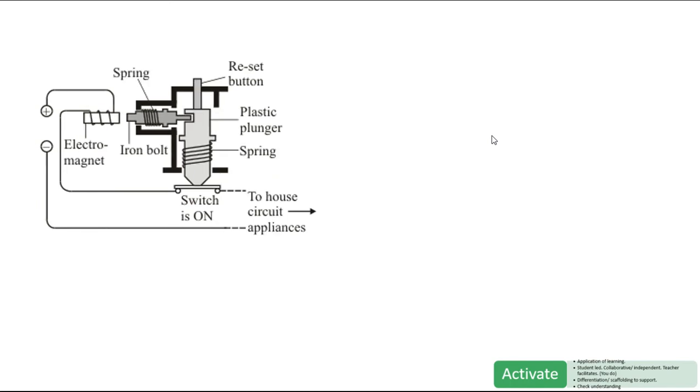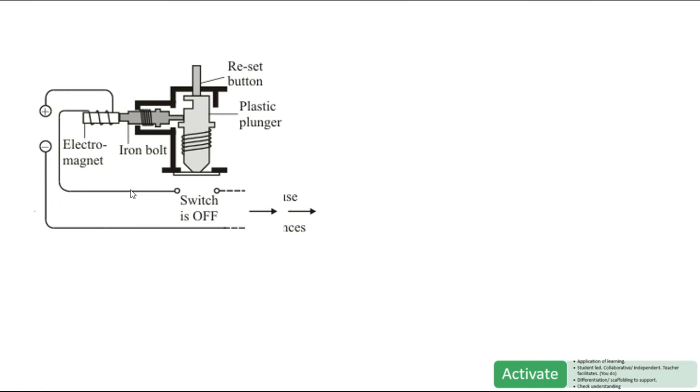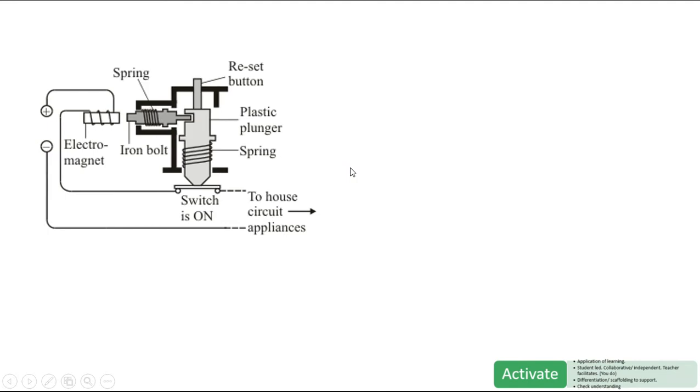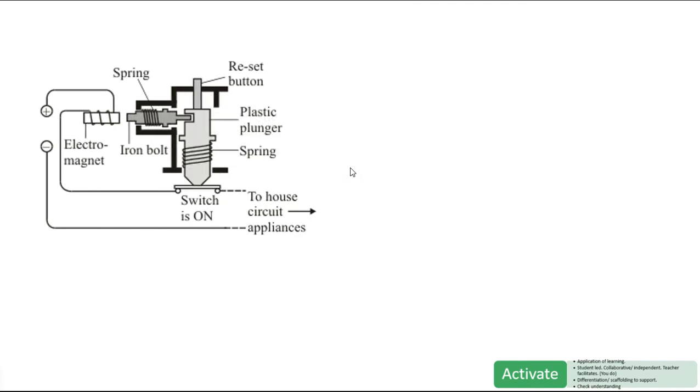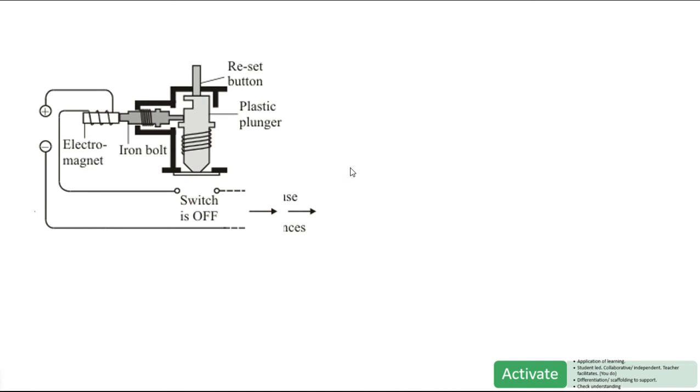Notice how the iron bolt, when it's like that, keeps that plastic plunger in position. But once it gets pulled out of the way, it can't go back because the plunger has been sprung up and turns off that circuit. Normal, too much power, turns the power off. That's what happens when a circuit breaker goes.